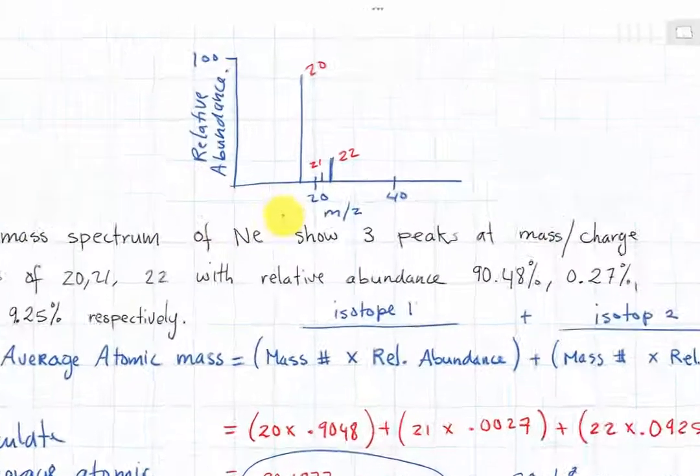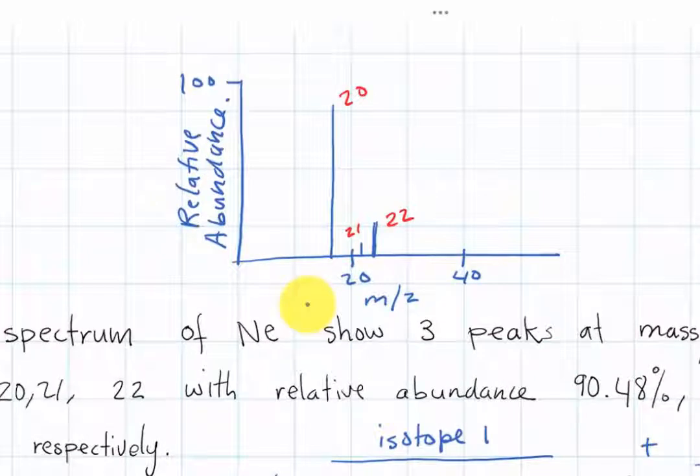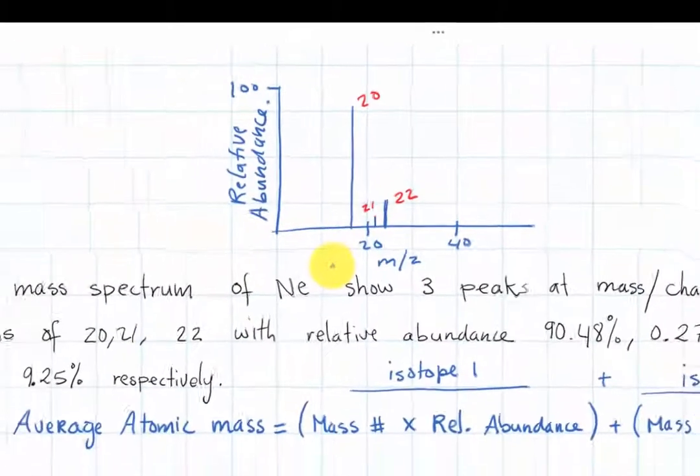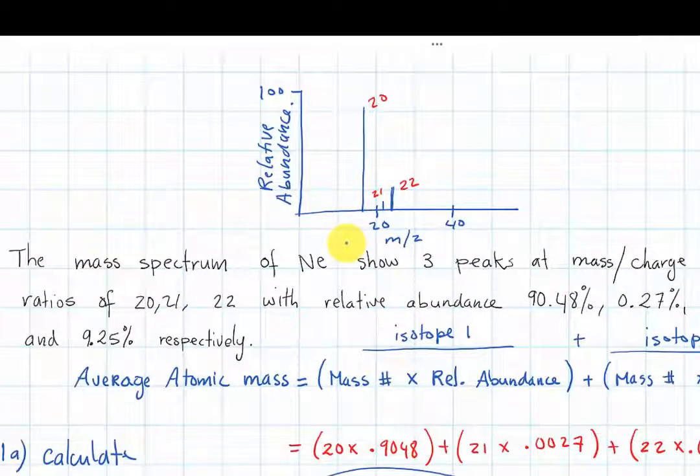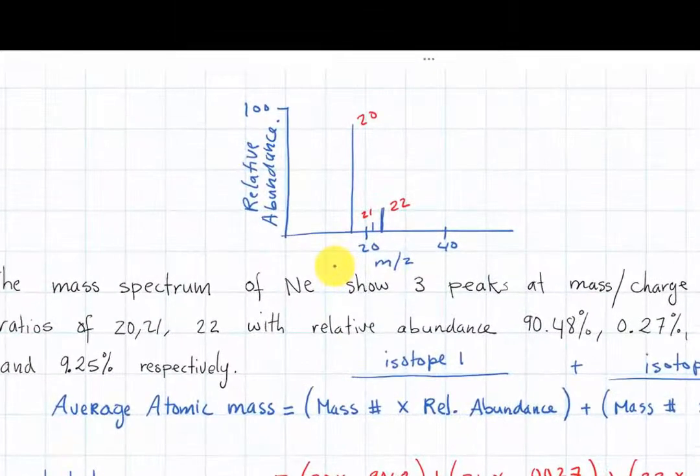For instance, the mass spectrum for neon shows 3 peaks, given above, at the mass per charge ratios of 20, 21, 22, with relative abundances of 90.48%, 0.27%, and 9.25% respectively. So I drew a quick sketch of what the graph might look like right here.